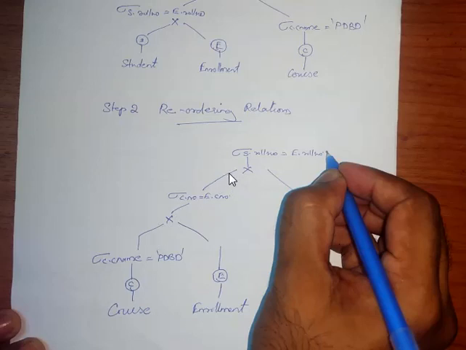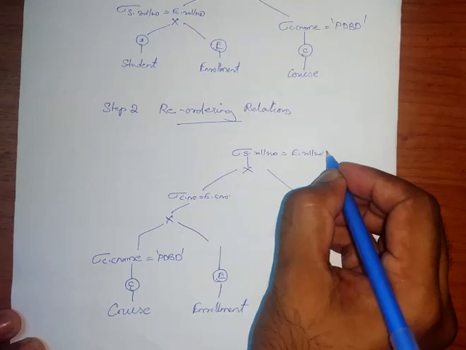Here we have a big table, which is the product of enrollment and course. On that table we are doing a cross operation with student with the condition S dot roll number is equal to E dot roll number. So we know that the join operation is actually a cross as well as a select.